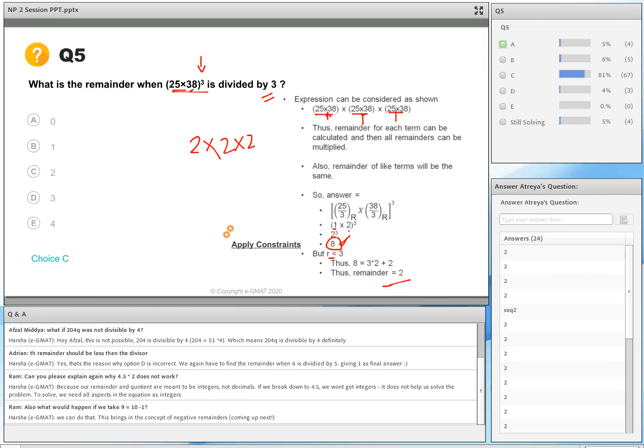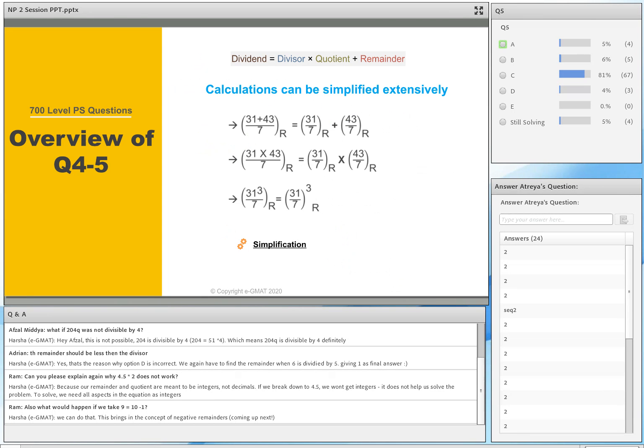Right? So with that, let's now look at the overview for question number 4 and 5. What did we do in question number 4? Before that, you need to learn that calculations can be simplified using the 2 sequences that we have. If the numbers are short, you can add them up and then divide. If the numbers are long, sequence 2 always is a better sequence.